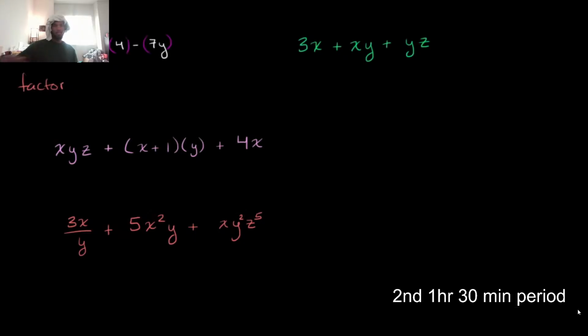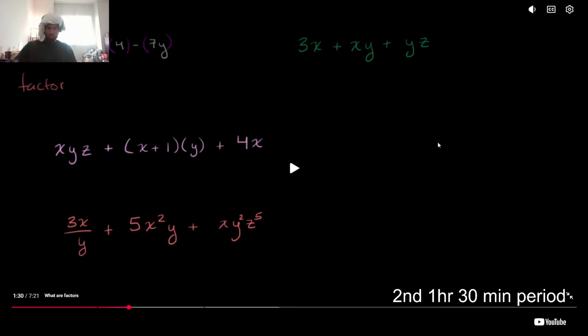There's a 2 and a 3, and they are being multiplied by each other. So here you have 2 factors in the first term.